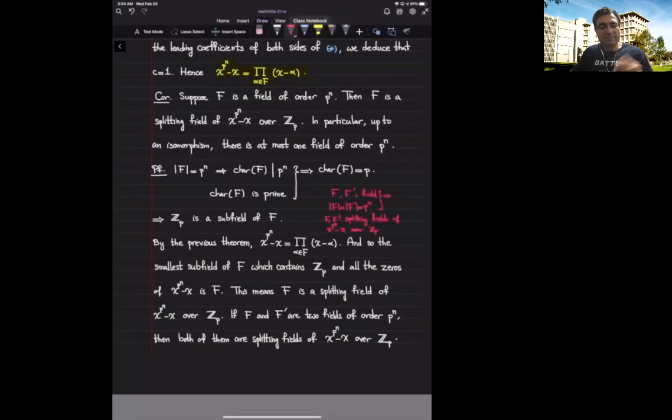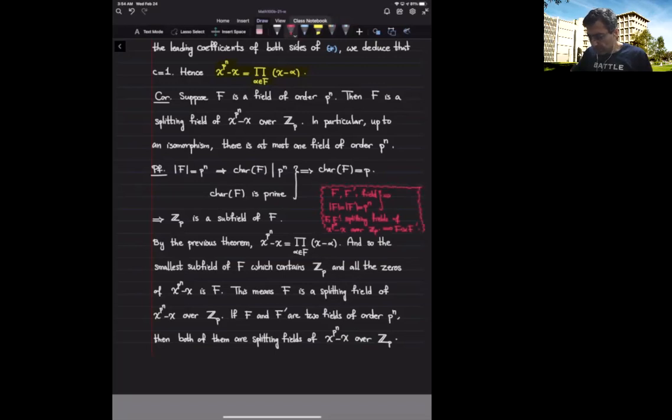Now the uniqueness of splitting fields comes to our rescue, and by the uniqueness of splitting fields, I can deduce that they are isomorphic. So that's the "in particular" part.